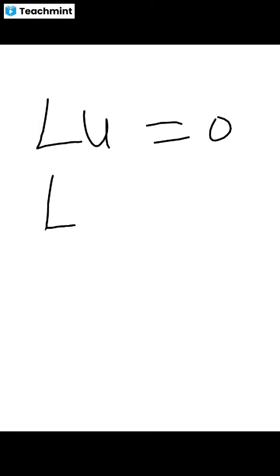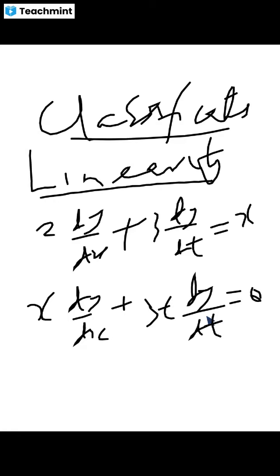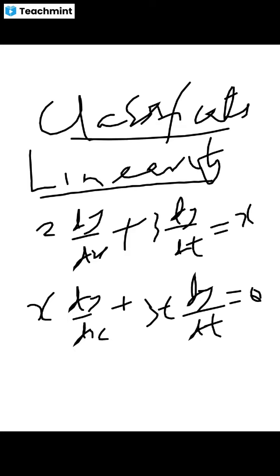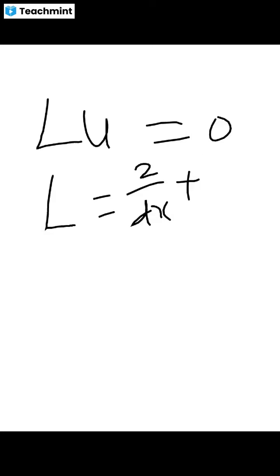In the previous differential equation, the first one that we have here, we can write L as equal to 2 over dx plus 3 over dt, and our u will now be equal to y.